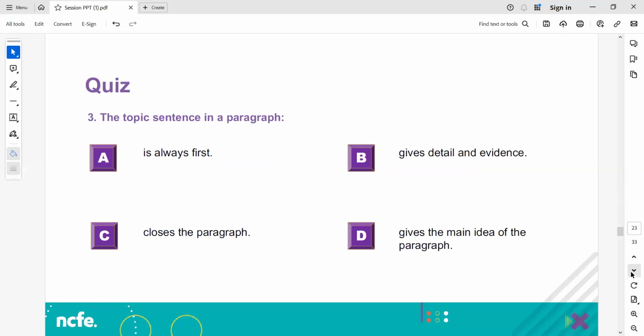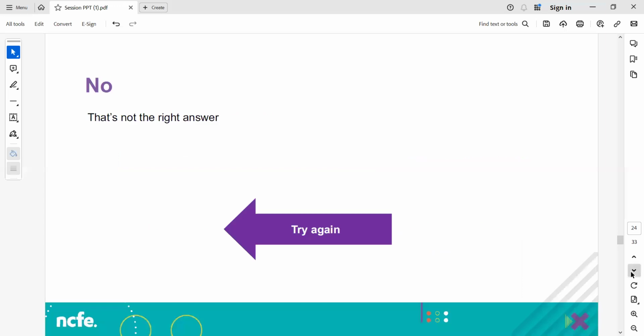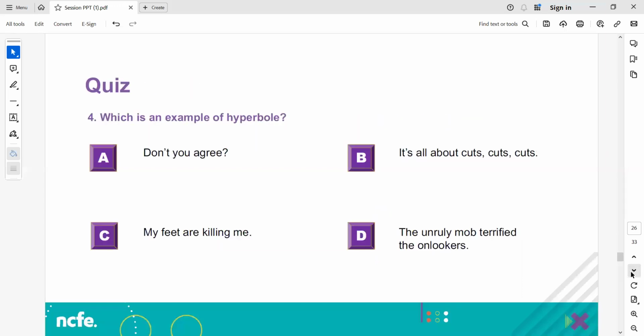The topic sentence in a paragraph, this is not something we've covered today, so I'm going to skip that one. So what is an example of hyperbole? Don't you agree? It's all about cuts, cuts, cuts. My feet are killing me. The unruly mob terrified the onlookers. So remember, hyperbole is over-exaggerating. C. Good.